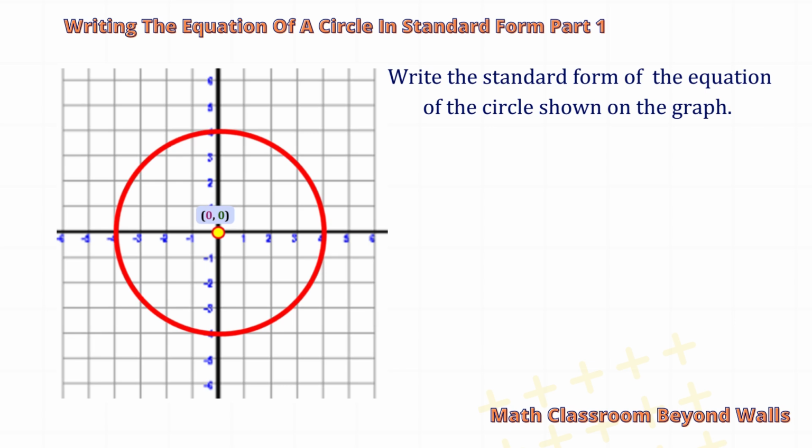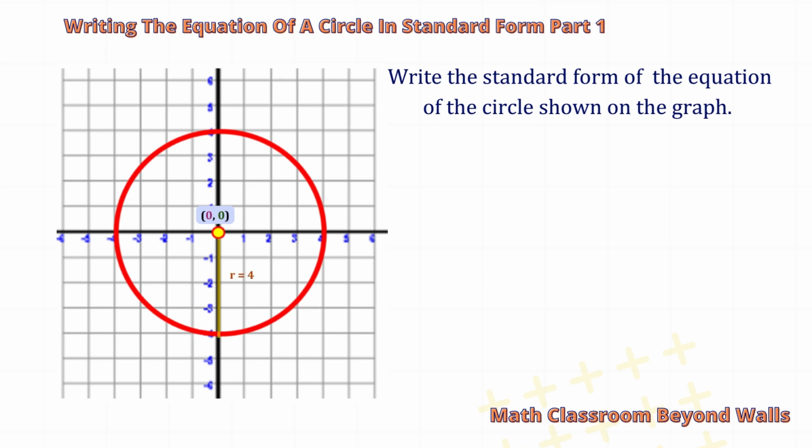The center is located at (0, 0), the origin. What is its radius r? Remember how we did it? Okay, we draw a horizontal or vertical line and count the number of units from the center to the circle. Ready? Go. 1, 2, 3, 4. The radius is 4 units.